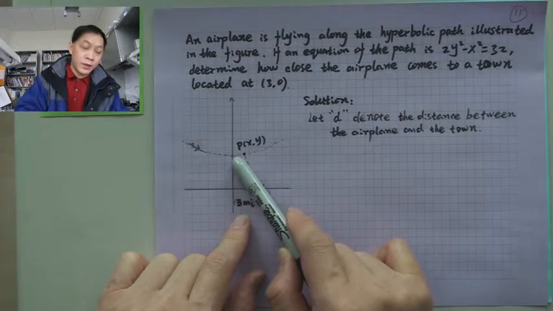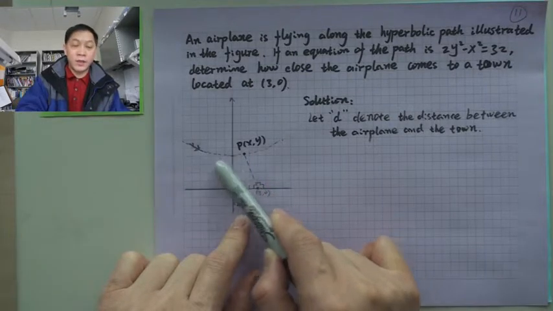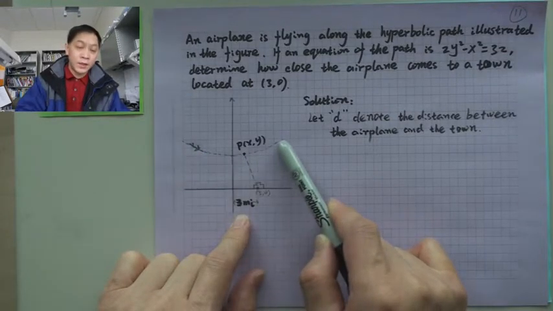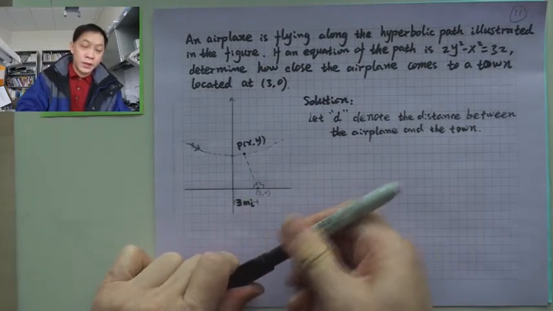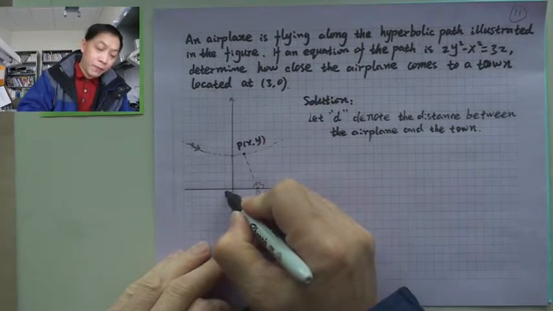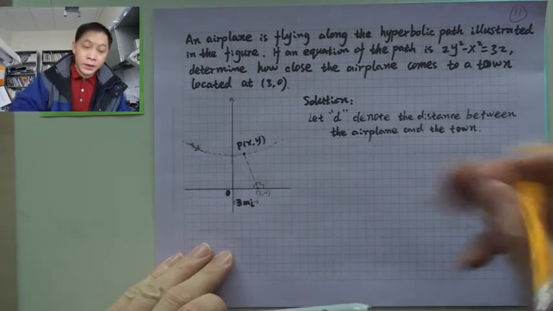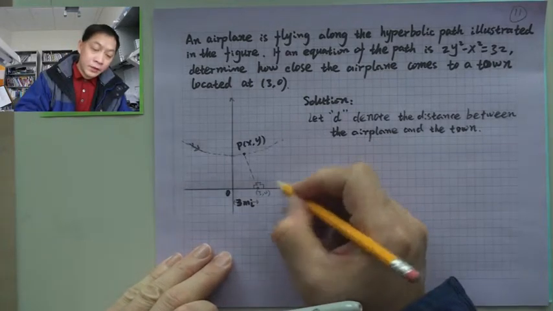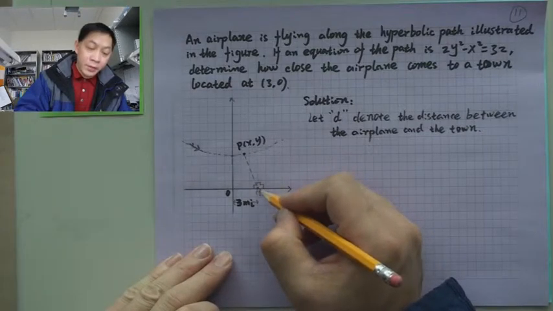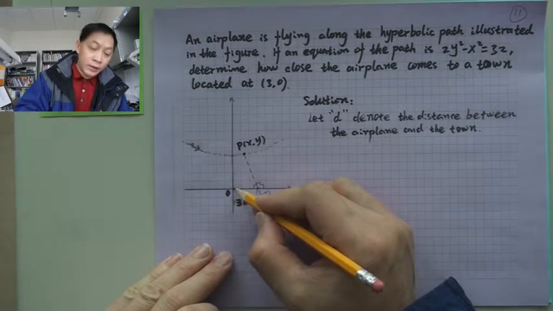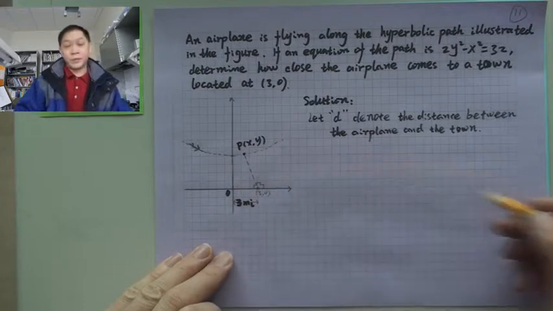Let's say this is one of the vertices of the hyperbola, and this is the origin, and this town is 3 miles away from the origin.